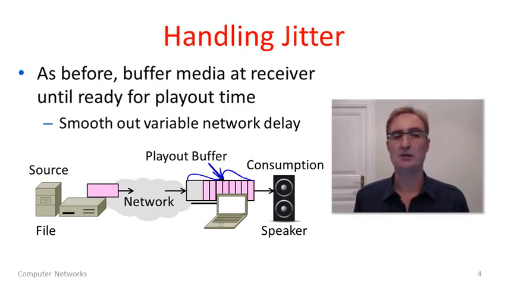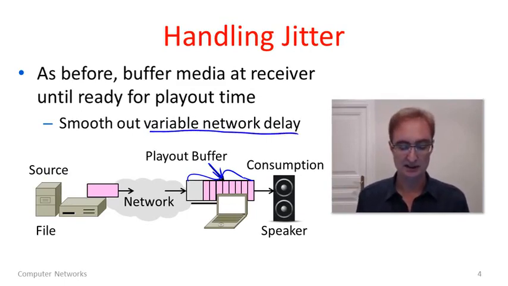When media arrives at the receiver, we'll put it in the playout buffer until it's playout time so that we can play it out at a constant rate. This buffering is still needed here to smooth out the variation in network delay. That's its primary purpose, as in the case of the interactive call.